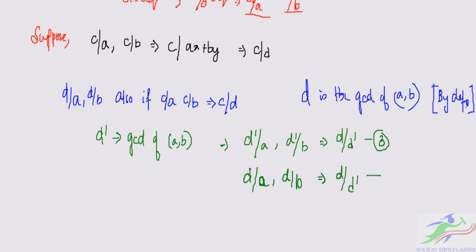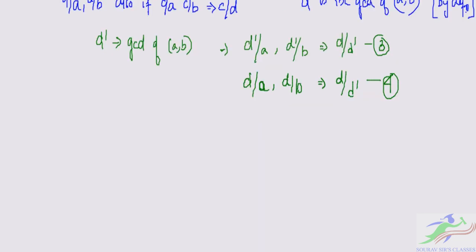Okay, so this is equation number 4, right? So from 3 and 4, what we observe is that D is equal to D prime. So this D prime is also a GCD of A and B.